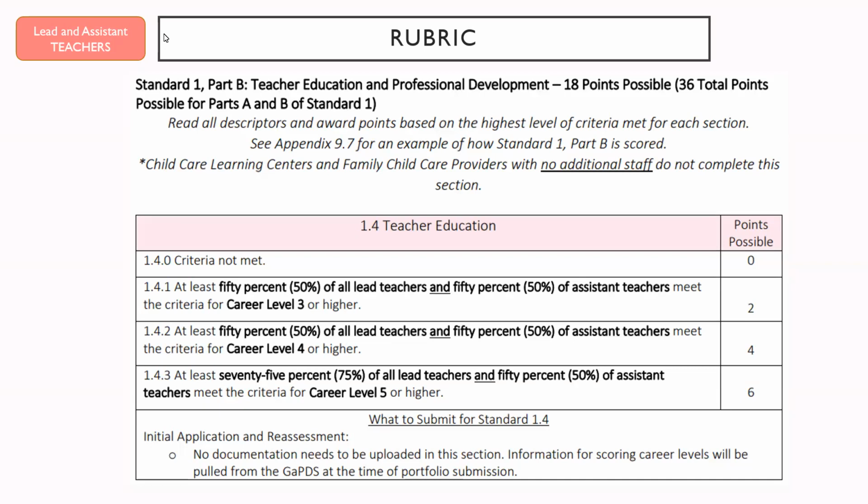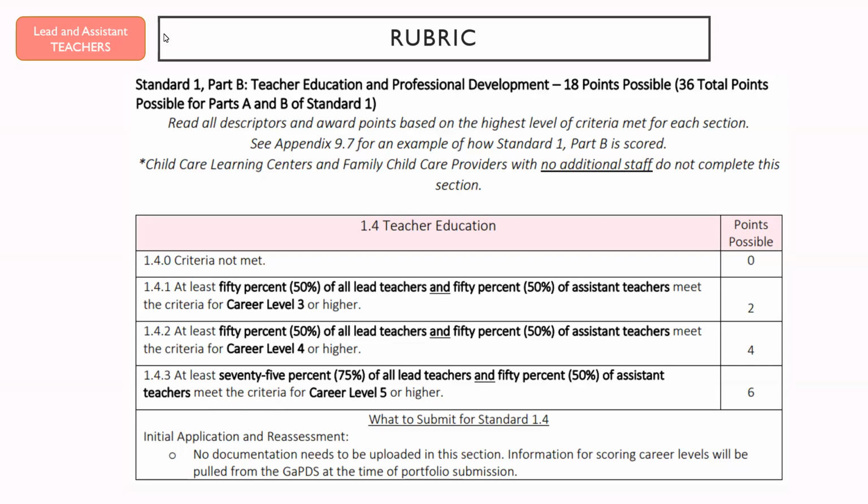For the 2-point level, at least 50% of all lead teachers and 50% of all assistant teachers must meet career level 3 or higher in their Georgia PDS.